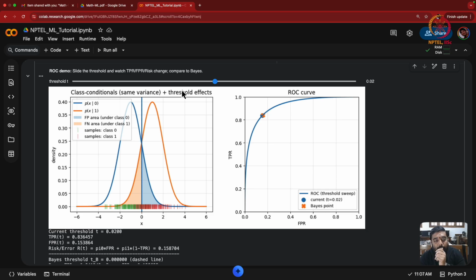Okay. This is where I have considered a one-dimensional feature and then the class conditionals with equal variance, and then I have tried to come up with this particular animation. Okay.